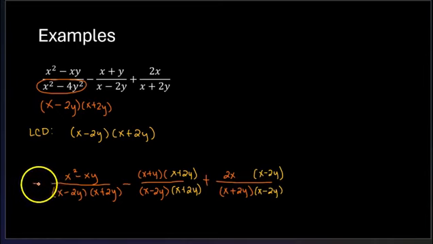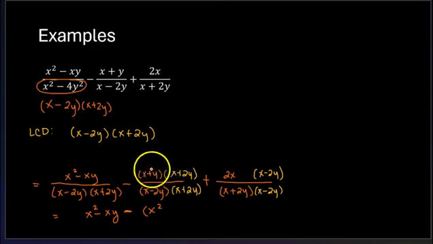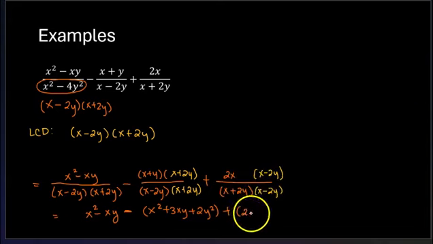Okay, then what we do next is we simplify the numerator. I'll put a parenthesis first because this is minus, so that I don't miss anything. So simplify, that's x squared, and then you can do the FOIL, so that's plus 3xy plus 2y squared, okay? Again, I'm going to just multiply this. So that's 2x squared minus 2 times 2, 4xy.